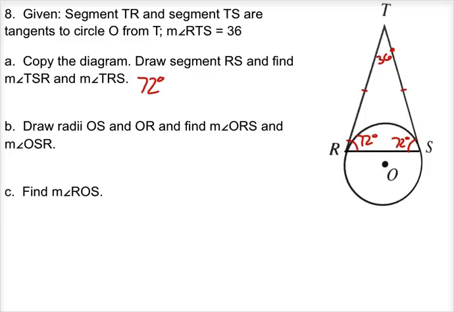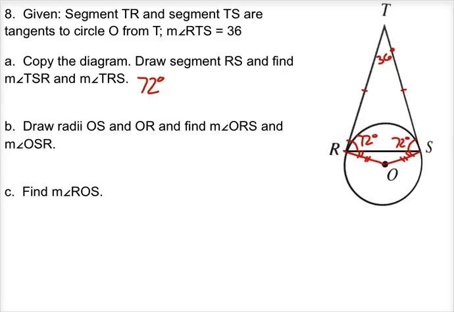Part B, draw radii OS and OR. I'll just freehand these in. So here's OR, here's OS. And find the measure of angle ORS and OSR. Again, since these are radii, they're going to be congruent, so the angles that I'm trying to find are going to be congruent to one another.